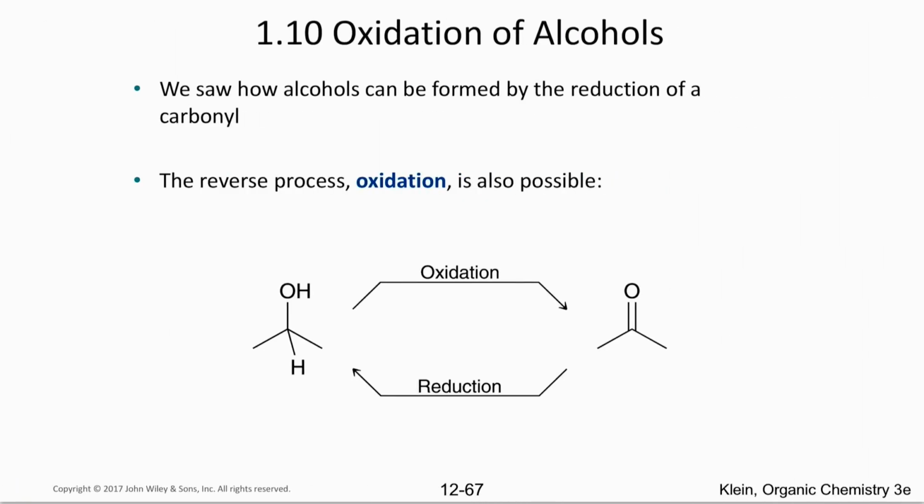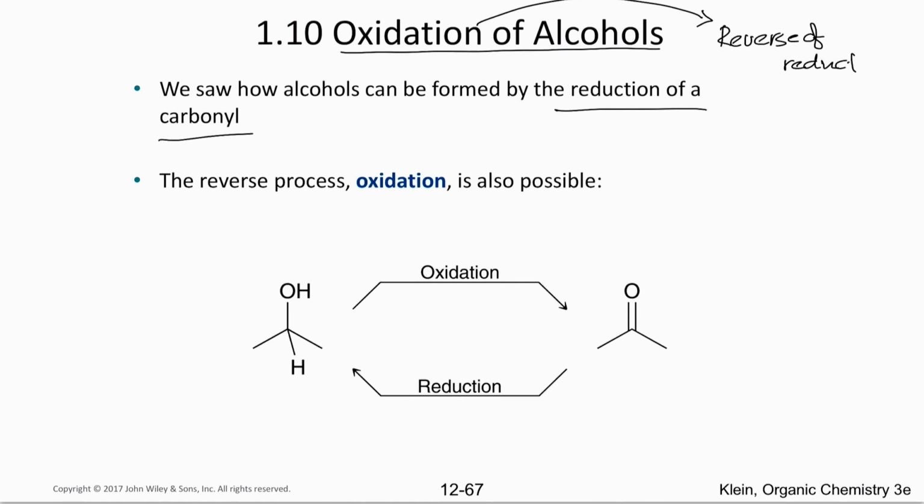Now let's talk about the next reactions, oxidation. If you remember, when we talked about the preparation of alcohols, we talked about how to form them by reduction of a carbonyl compound. But oxidation is the reverse of reduction. So what is happening here?